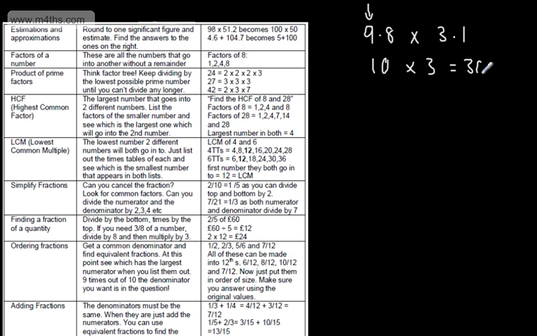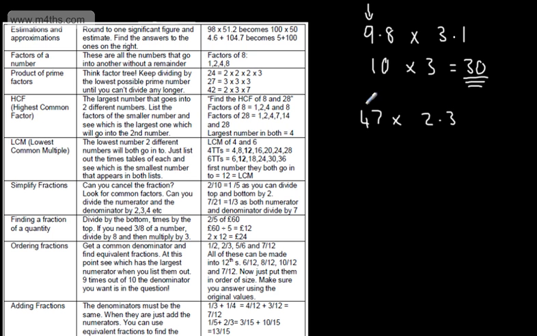That is an approximation. So all you're doing is estimating an answer. You don't have to do anything crazy. You simply need to give a logical, off the top of your head answer. So let's say we had now, let's go for 47 times by, and we'll go for 2.3.